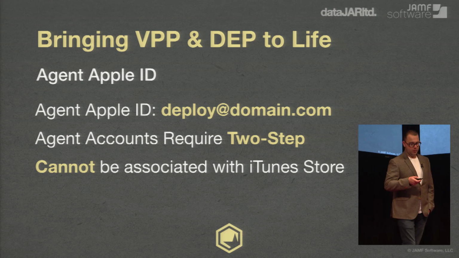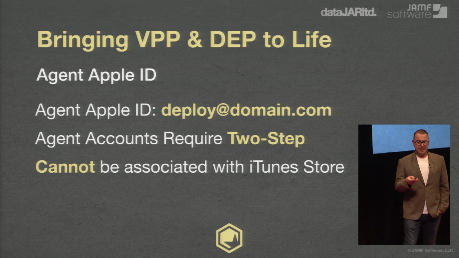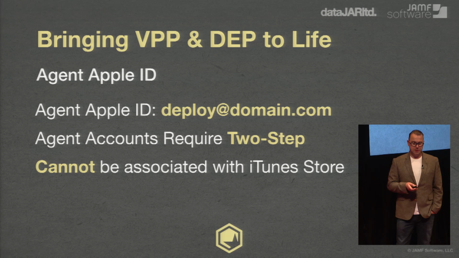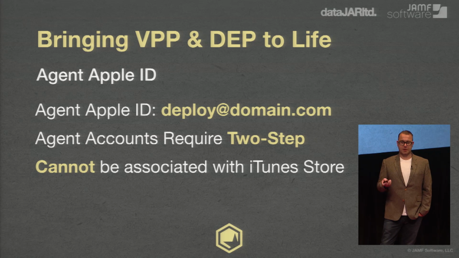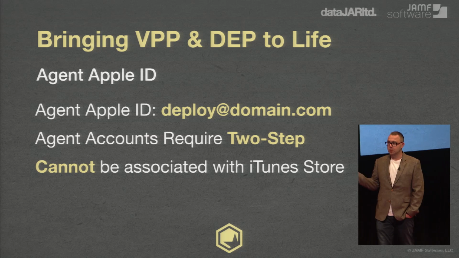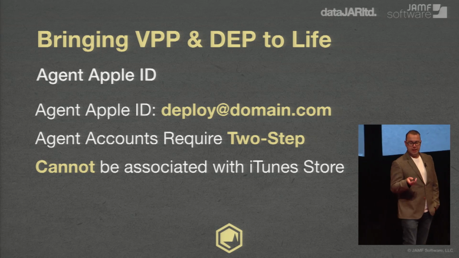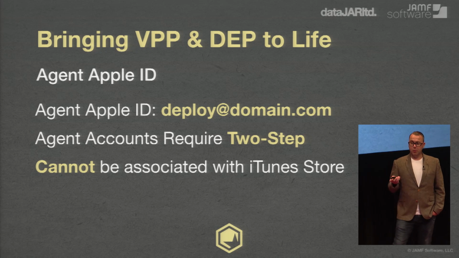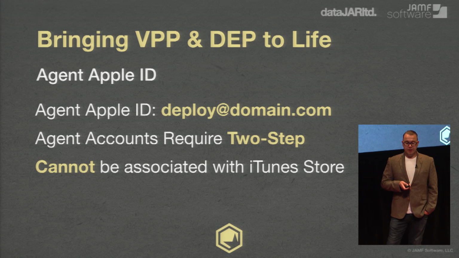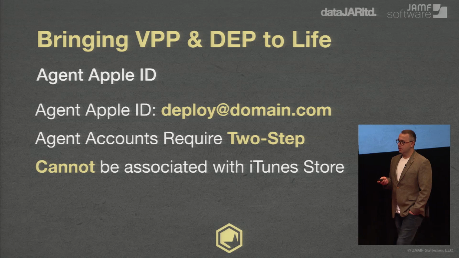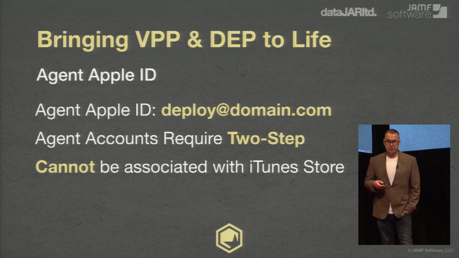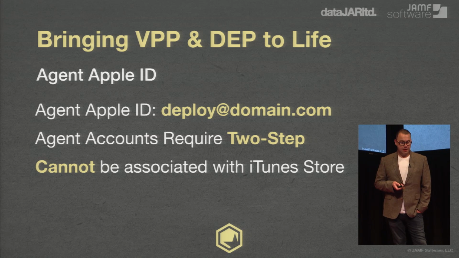If they haven't got the deployment program set up, we take them through the entire process. So first off, we create an email address. Simple as that. A deploy it domain would be a logical one. I don't know if anyone else has got any thoughts on this, but this is what we do. You're going to need a mobile phone associated with the Apple ID because you're going to need two-factor.